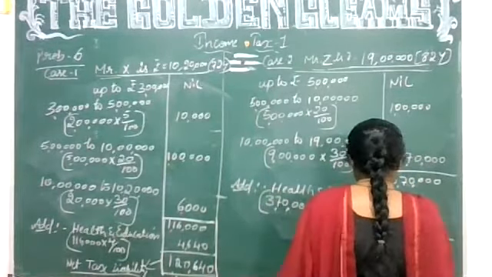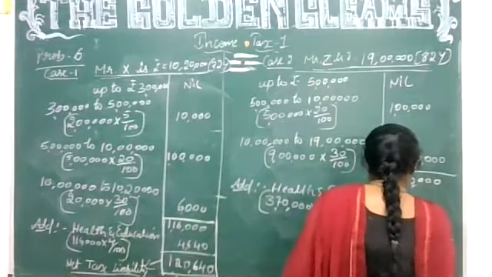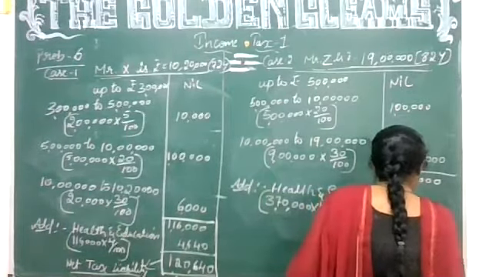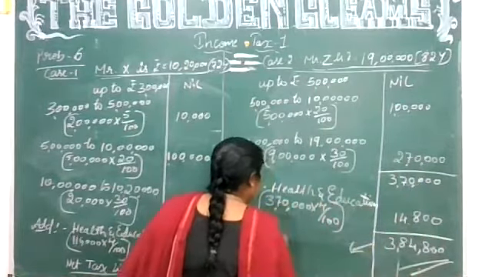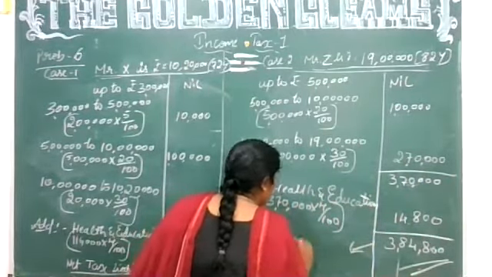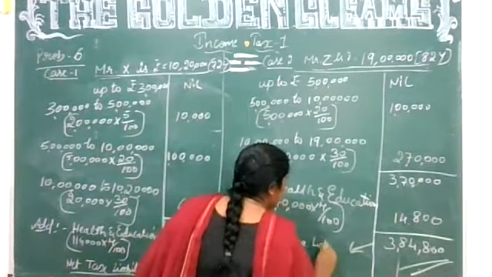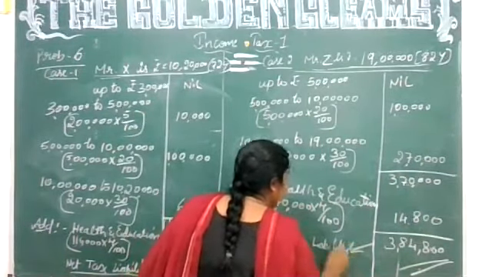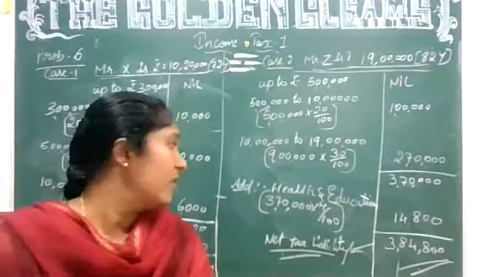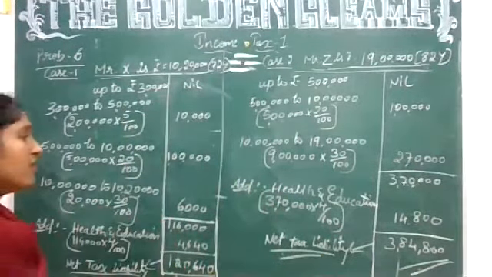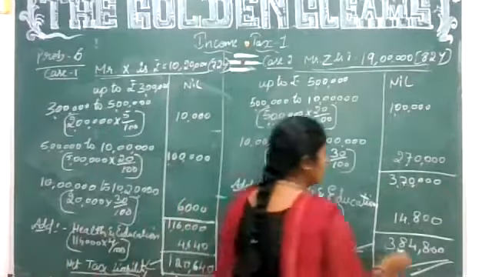The total net tax liability is 3,84,800. This is the total tax liability.